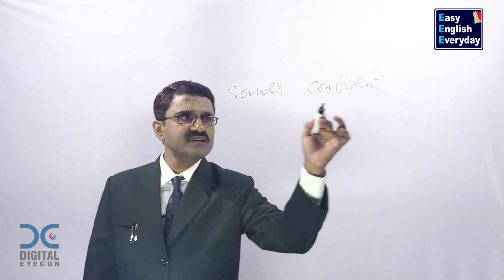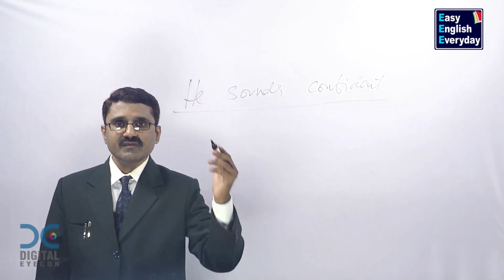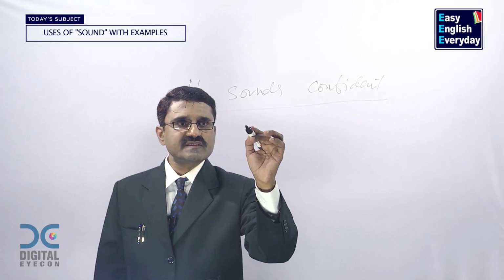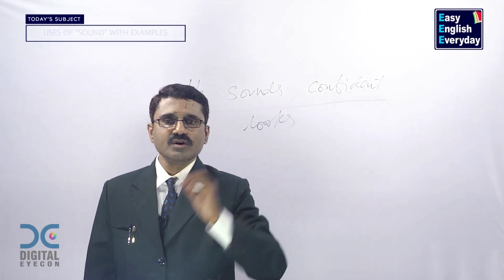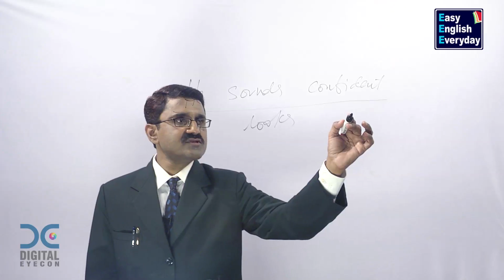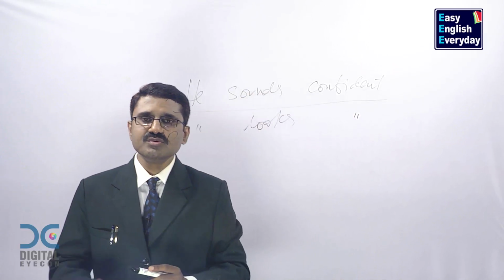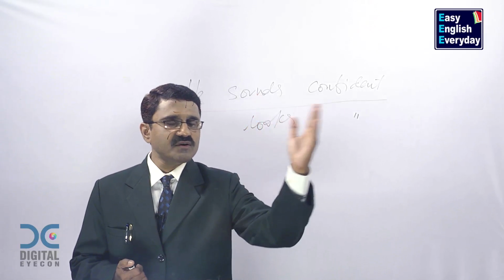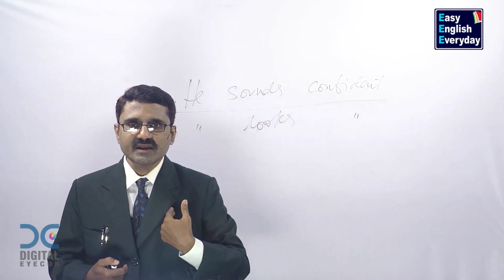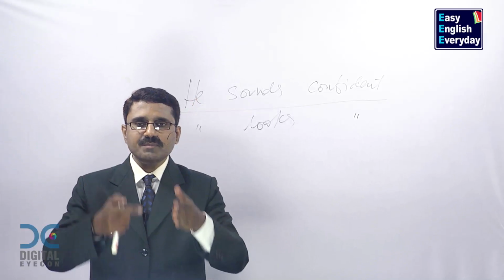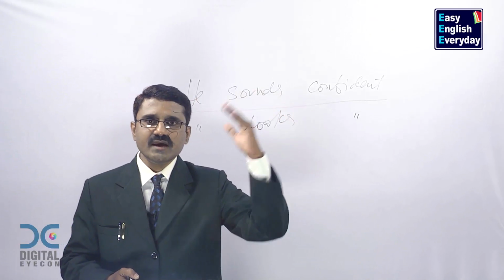What is the meaning of this example? In one of our earlier videos, we discussed he looks confident. He sounds confident. Now let us try to know the difference between these two sentences. He looks confident is my opinion based on his appearance.